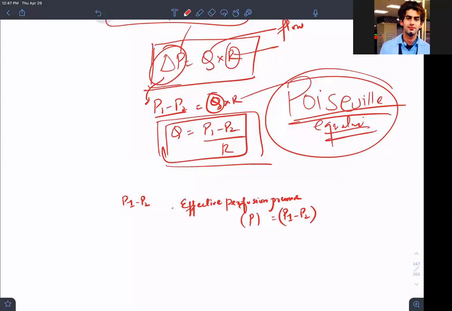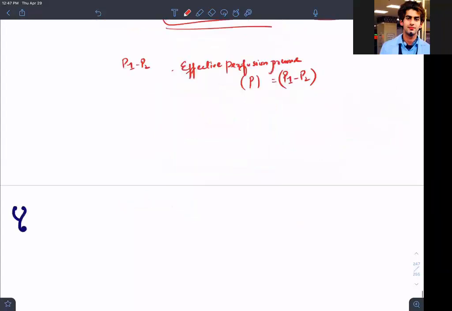For example, you have two ends of this vessel. Once you have a pressure difference, even at home, if you keep a pressure difference on something, that pressure difference will draw the fluid in this vessel. It behaves as a force that will push this blood through this vessel.